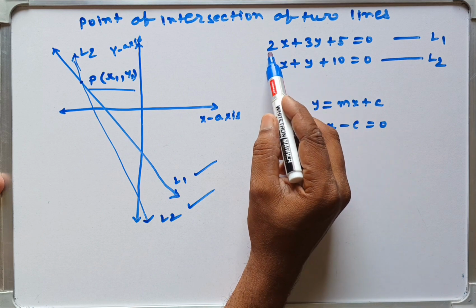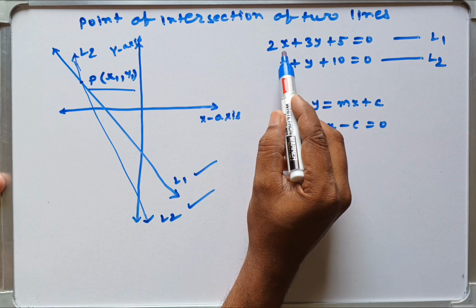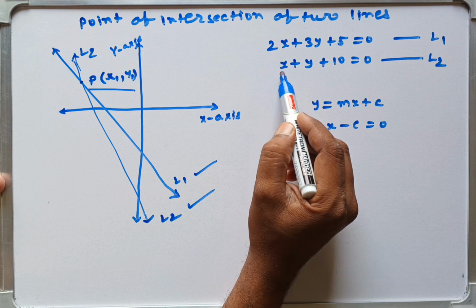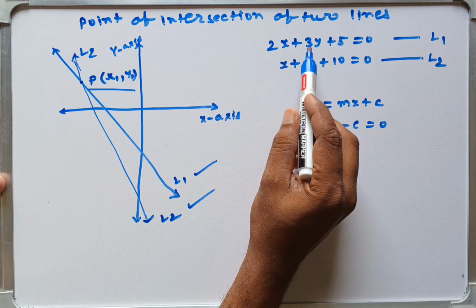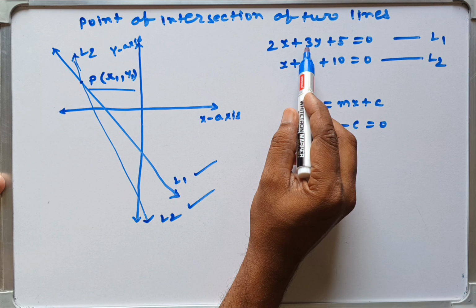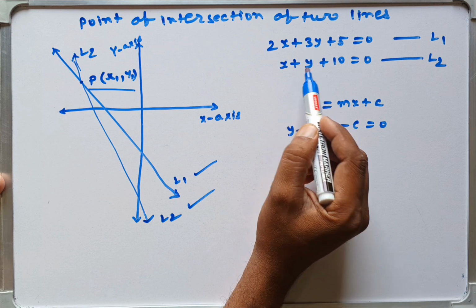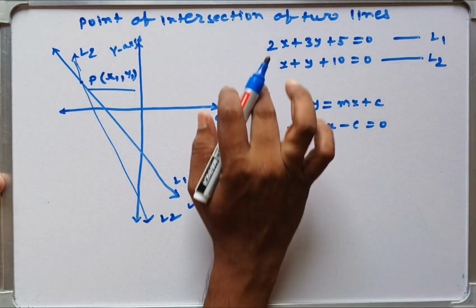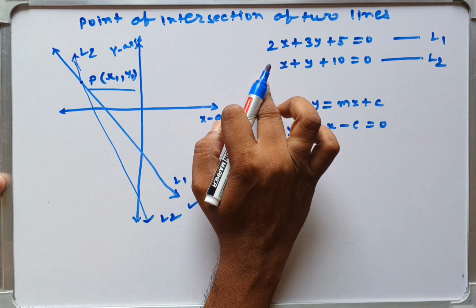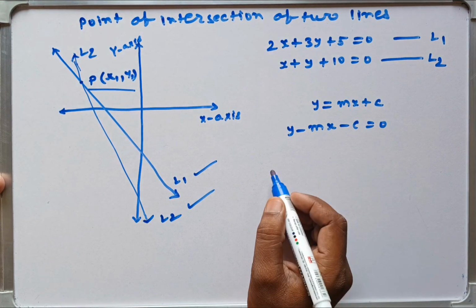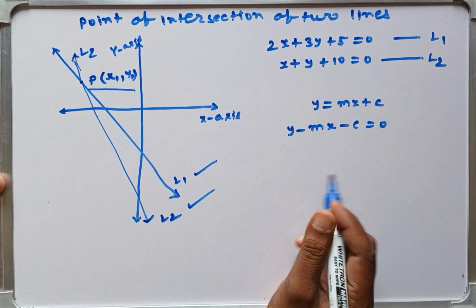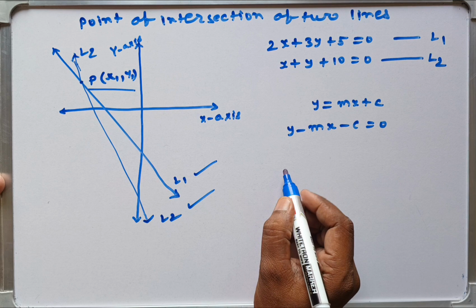Here you can see the coefficient of x is 2 in one and 1 in the other, and the coefficient of y is 3 in one and 1 in the other. So if we multiply L2 by 2 on both sides, what does it become?